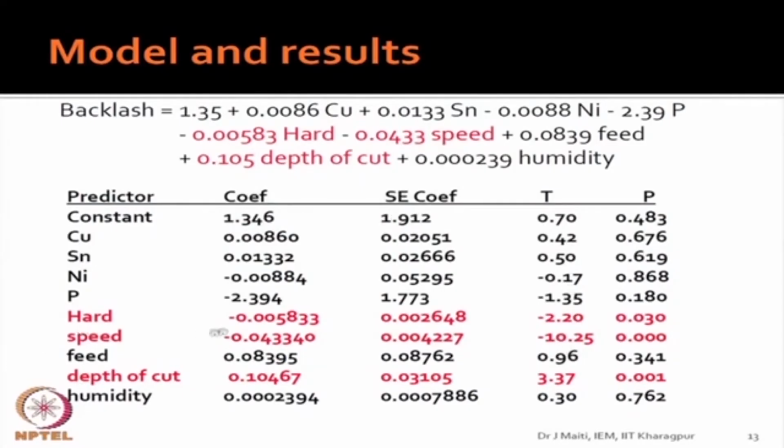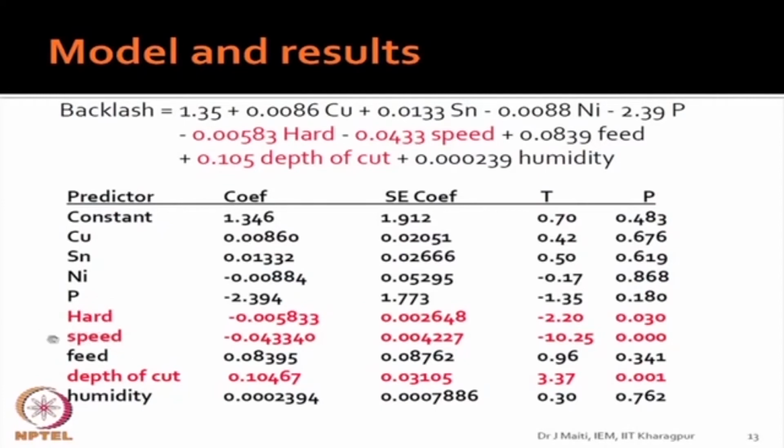For hardness, the coefficient is minus 0.005833 and the standard error is so low that the t value becomes large, minus 2.20, which says this influence is significant at the 3% probability level. So we consider this a significant contribution in explaining the variability of backlash.